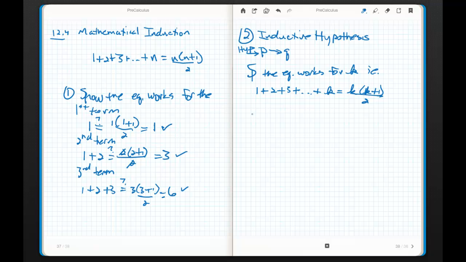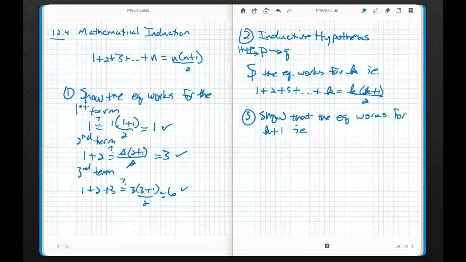All right, so for n, but you have to understand that this inductive hypothesis works in combination with the third step: show that the equation works for k plus 1.